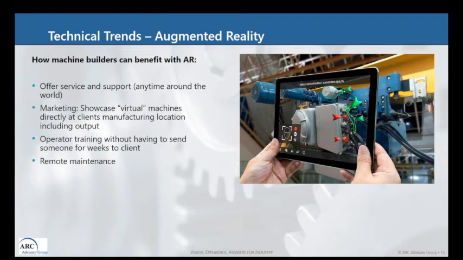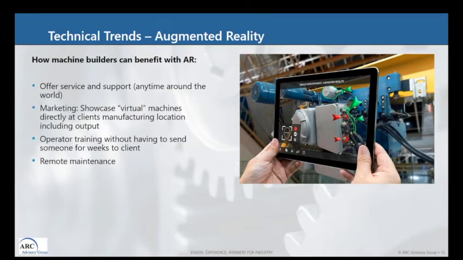Then, of course, operator training is possible. It's not necessarily needed to send over a teacher or some expert to train the staff that has to operate the machine or the equipment in the end and teach them for weeks, but they can do it online via augmented reality solutions. So they can tell them, okay, if you want to use this machine the right way, you have to use these buttons and maybe these parameters and all this stuff.